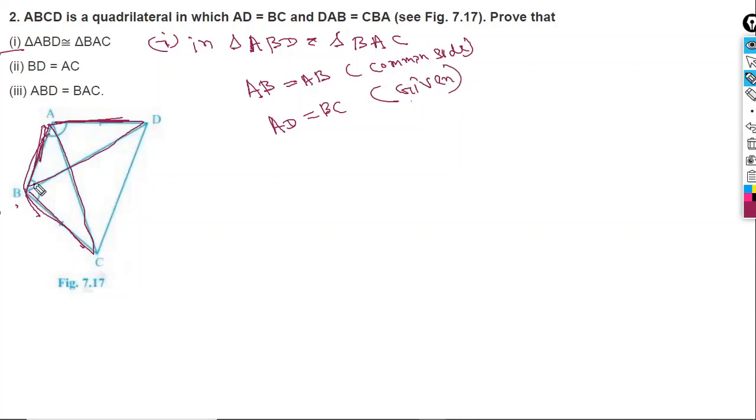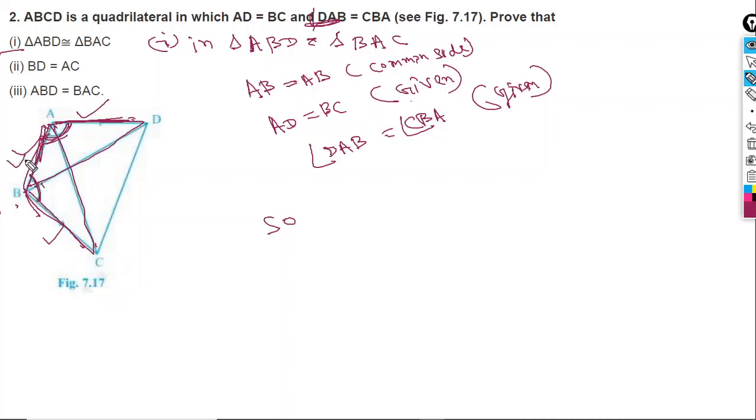What else? Angle BAD, or you can say DAB. This angle DAB is equal to angle CBA. It is also given. Angle DAB equal to angle CBA. So you can see side angle side is equal to side angle side of the two triangles.